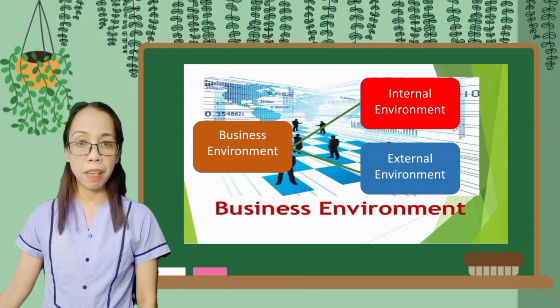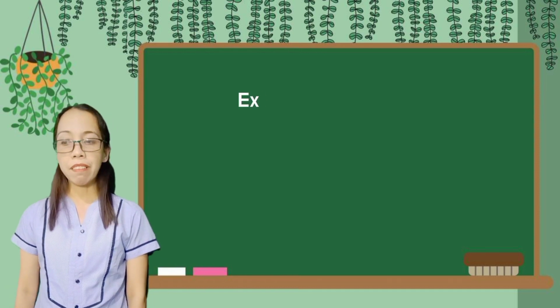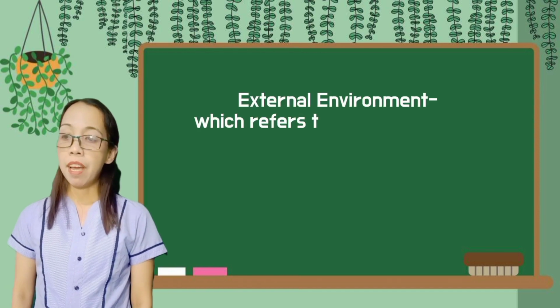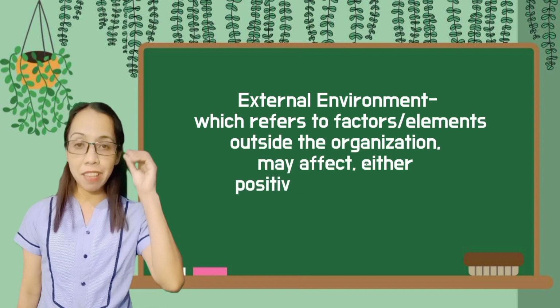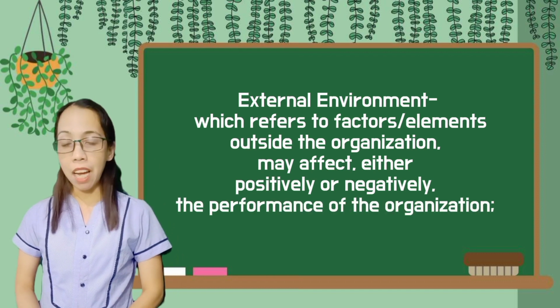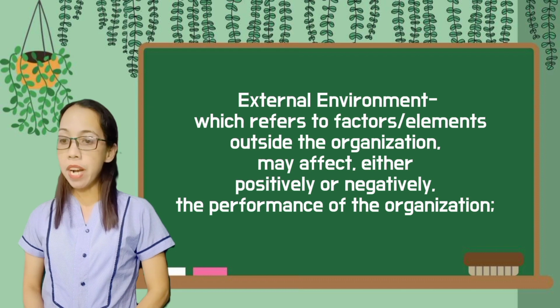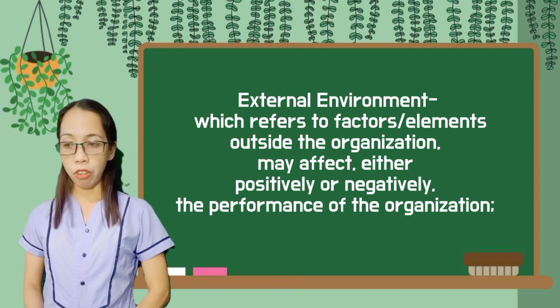Business environment has two types. The external business environment refers to factors or elements outside the organization that may affect either positively or negatively the performance of the organization.